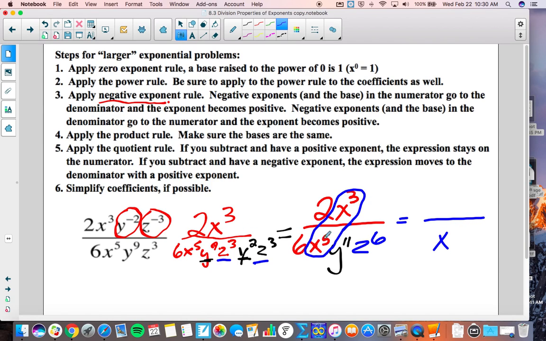The difference of 3 and 5 is 2, so there's x squared on the bottom. We still have this y to the 11th. There's no y's on the top that take out any of the 11 y's on the bottom, and there's no z's on top that take out any of the 6 z's on the bottom. Now we do have this 2/6, which reduces to 1/3. And because there's nothing else on top, that 1 has to be there.